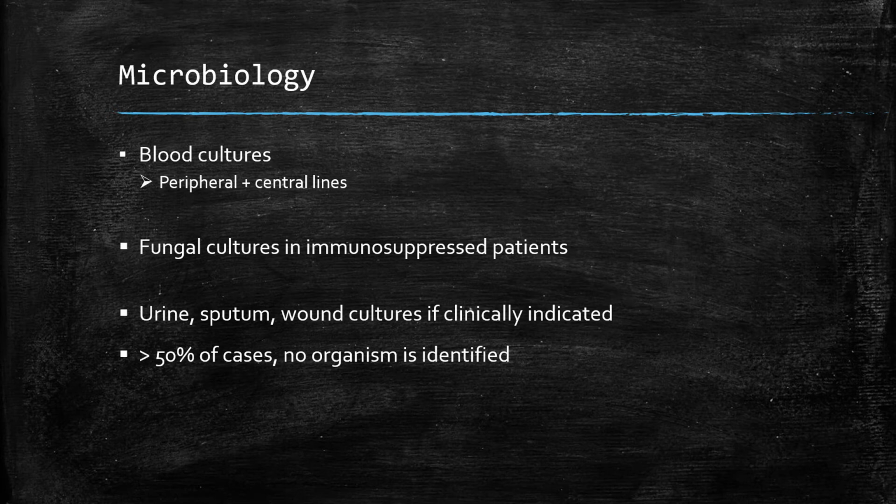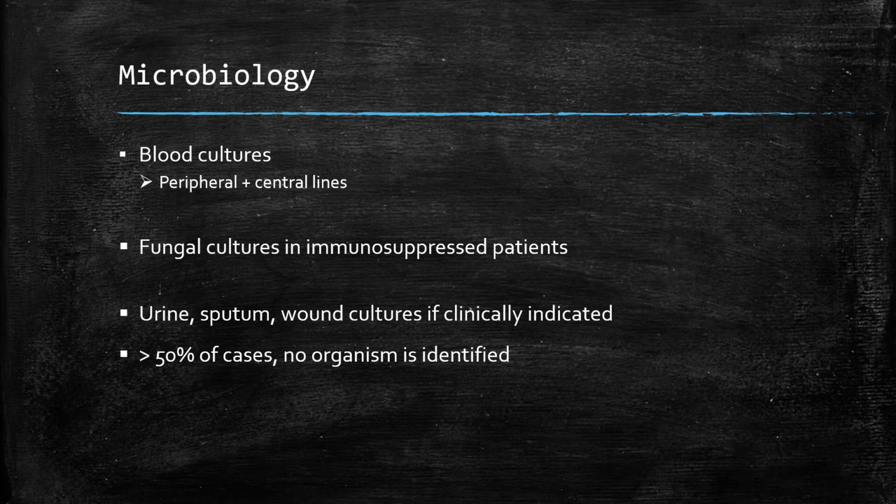All patients who are suspected to have sepsis should have blood cultures drawn, ideally before antibiotics have been started. If the patient has a central line in place, then cultures should be drawn through this line as well as from a peripheral site. If the patient is immunosuppressed or has been on long-term antibiotics, then fungal cultures should be requested as well.